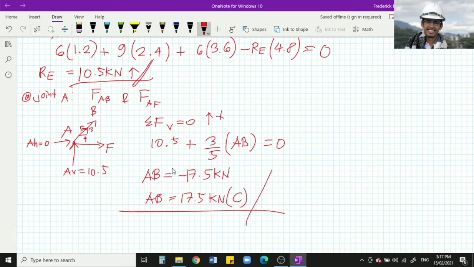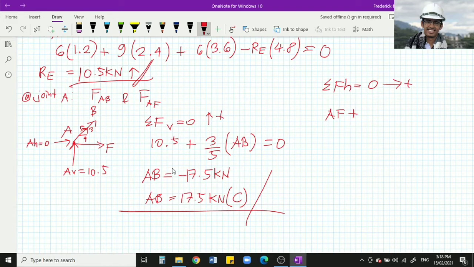So next, summation of forces horizontal naman tayo. So summation of forces horizontal, so that will be equal to 0. Going to the right is positive. So AH is 0, so matitira na lang is yung AB horizontal and yung AF horizontal, so that will be AF positive. Going to the right, yung inassume natin, so that will be plus.